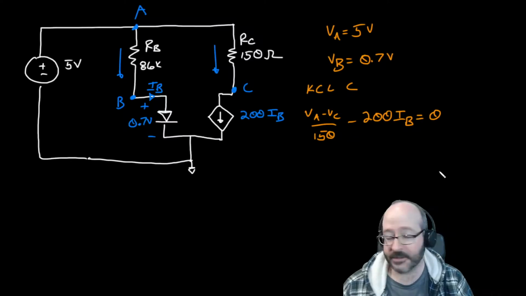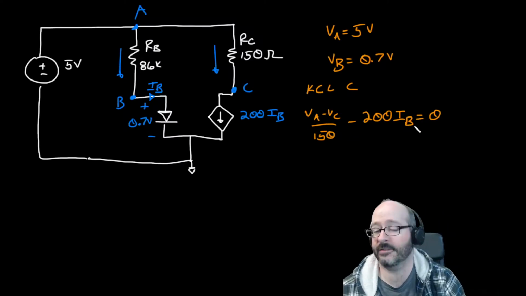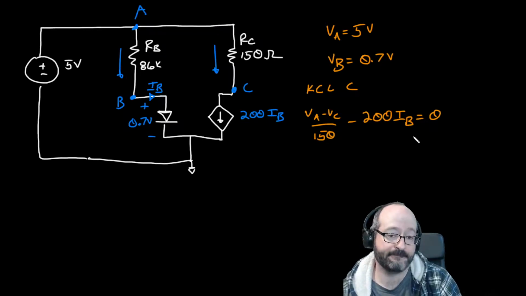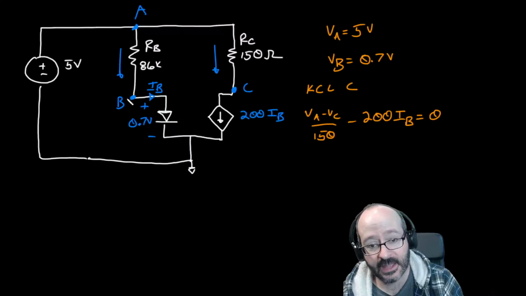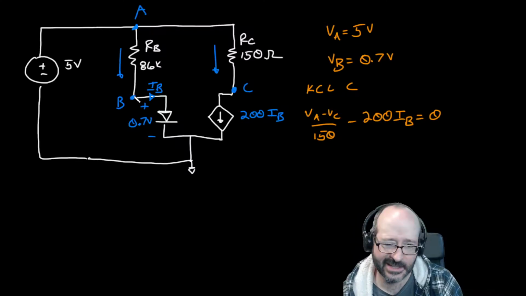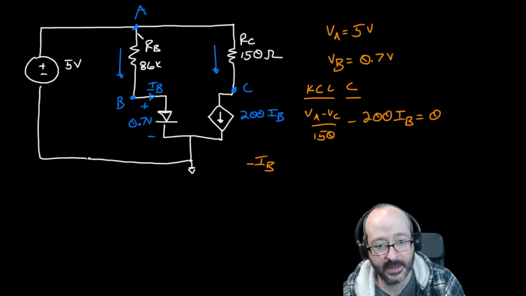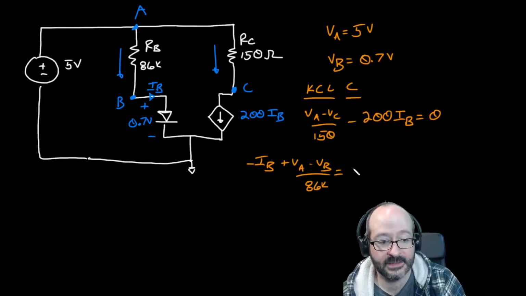Now that's okay for starters, but IB is not one of the unknowns, so we've got to relate IB to our node voltages, and we can really think of the KCL here. IB is leaving B, and we have plus VA minus VB over 86K, and that's equal to 0.